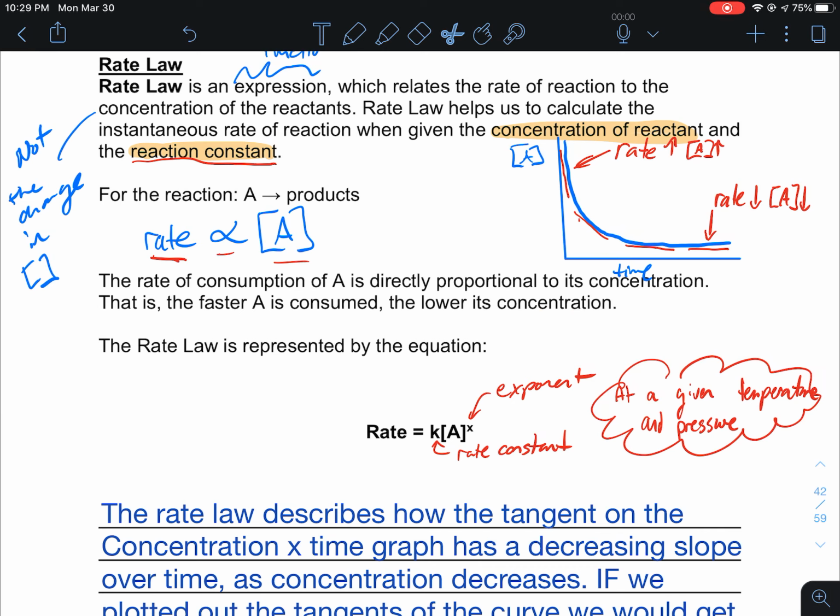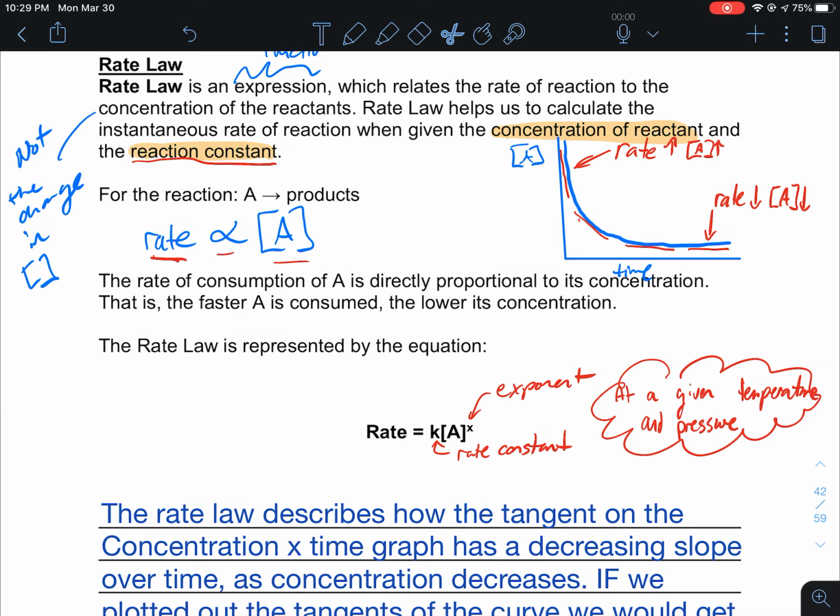We can formalize this proportionality. The proportionality we're talking about up here, we can formalize into what is known as a rate law down here. This rate law is: rate is equal to some constant, the rate constant, k, times some concentration to the power of some exponent.